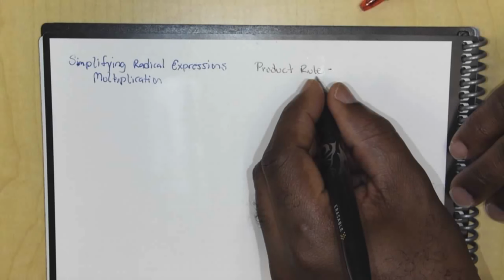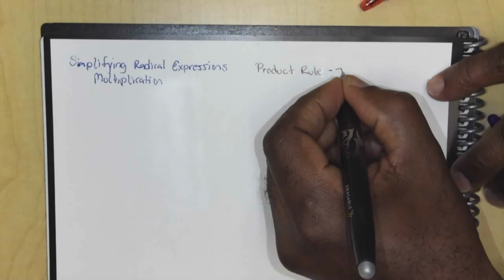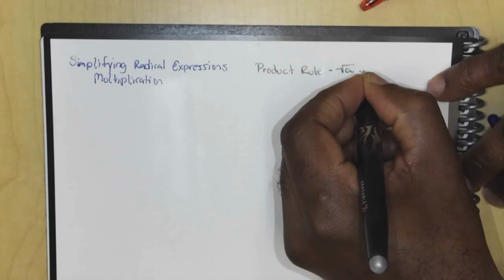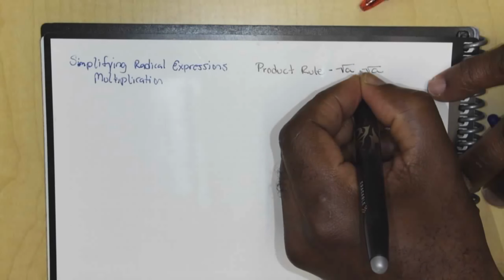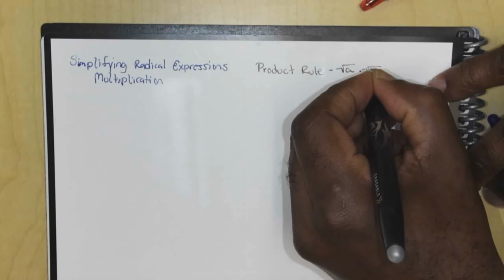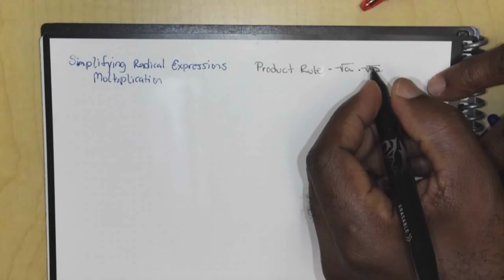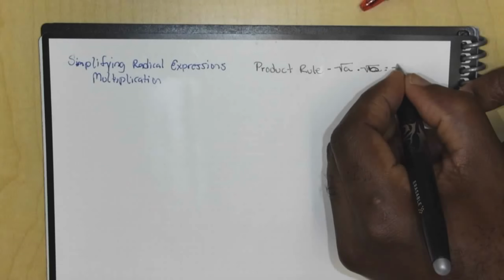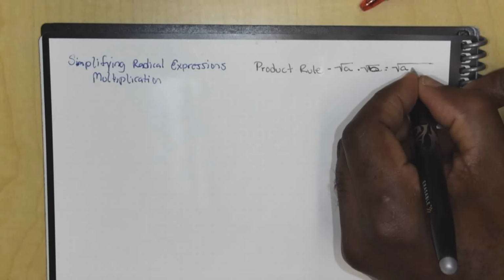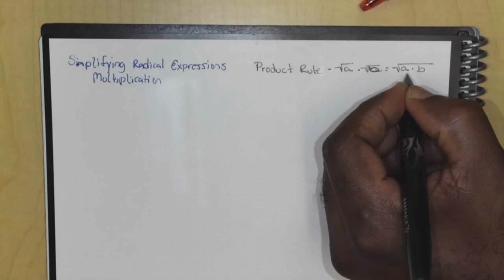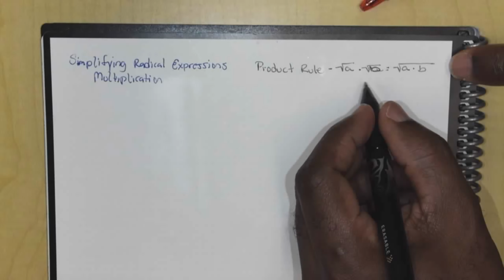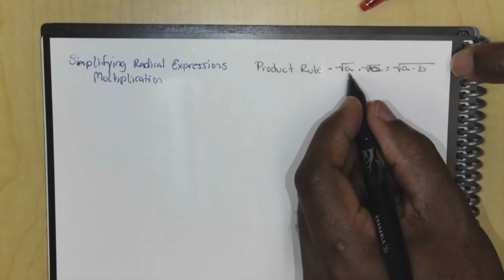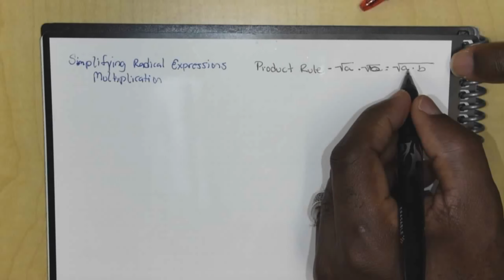The product rule of radicals states that whenever you multiply radicals, they are a part of the same radical. So you have these radicands, these two expressions. Put them under the same one.